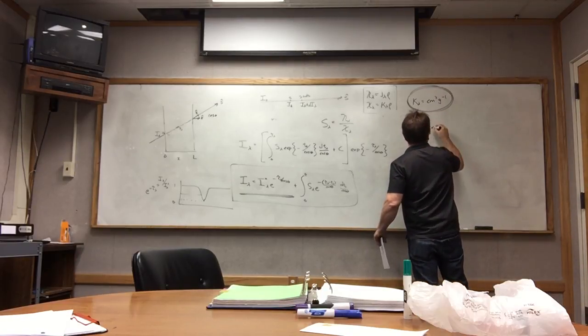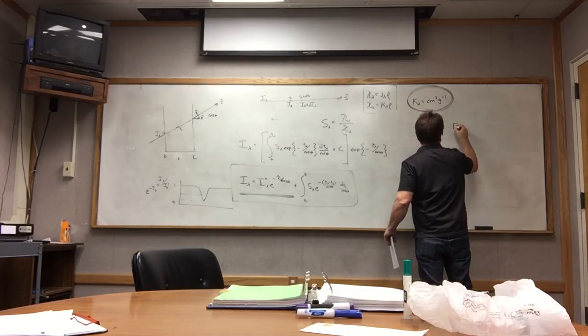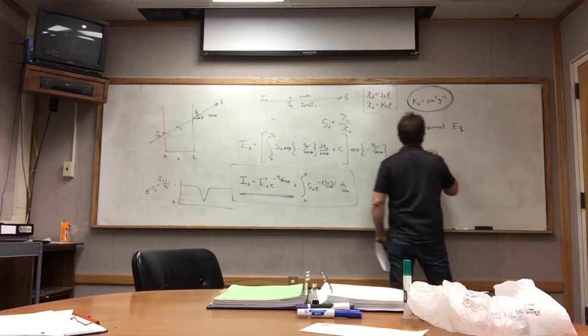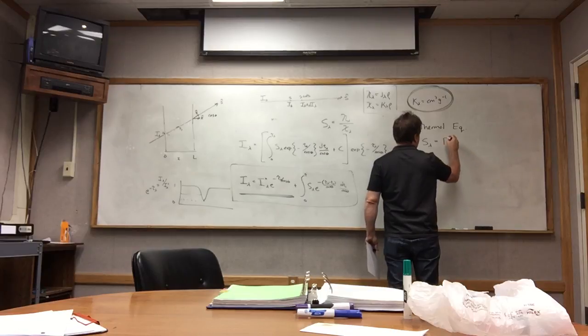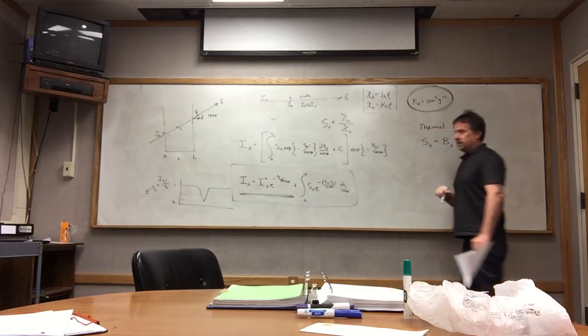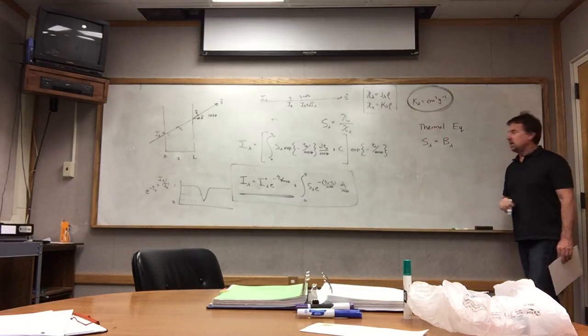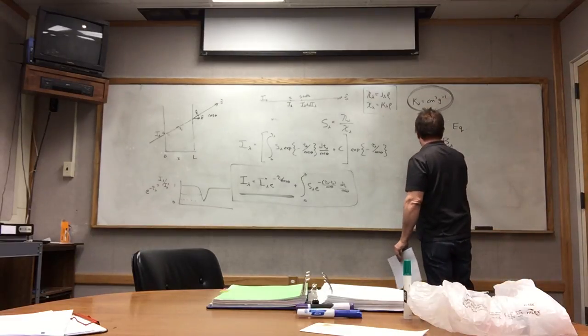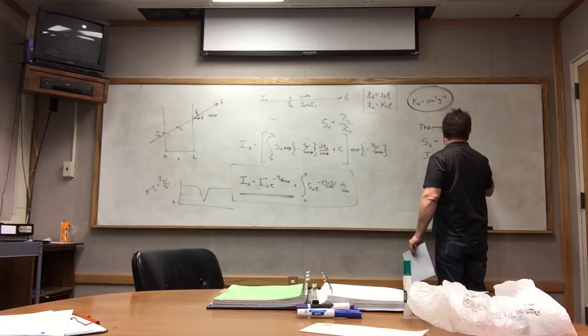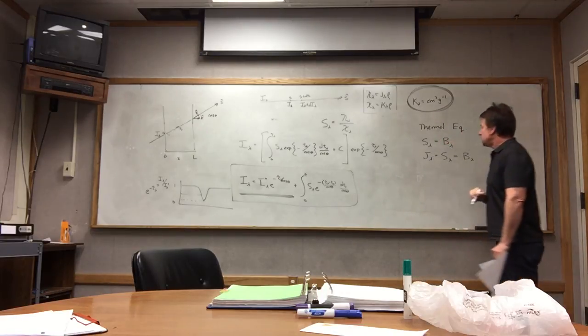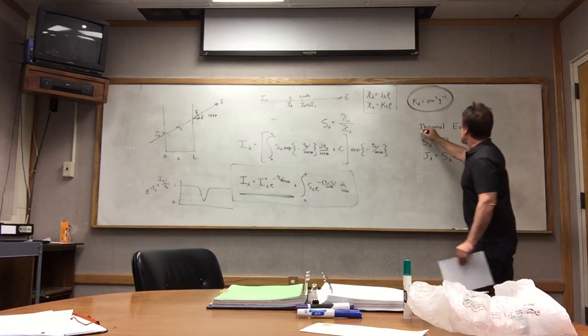Condition 1, thermal equilibrium. We get that the source function is equal to the Planck function. And we get that the mean intensity is equal to the source function, which is equal to the Planck function. Okay. That's in thermal equilibrium.